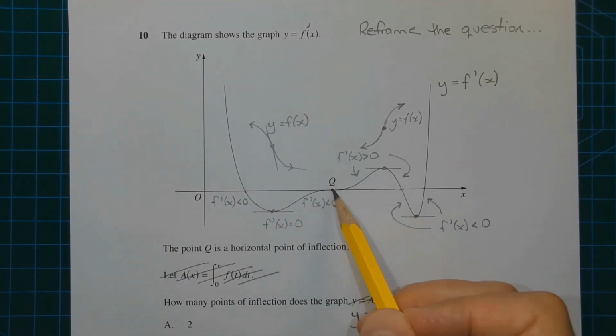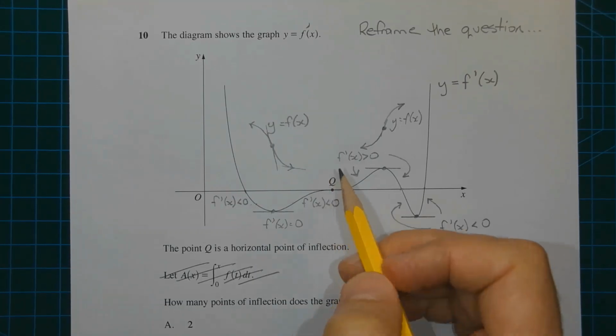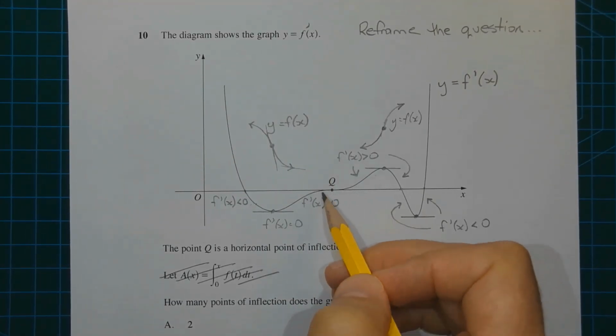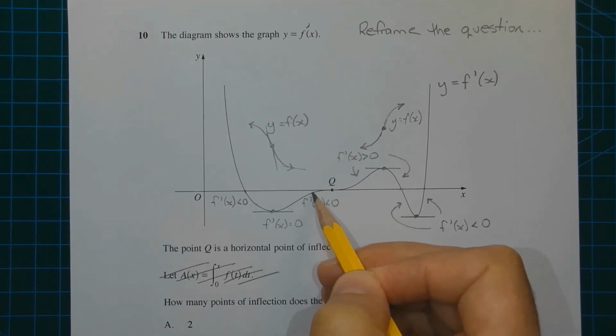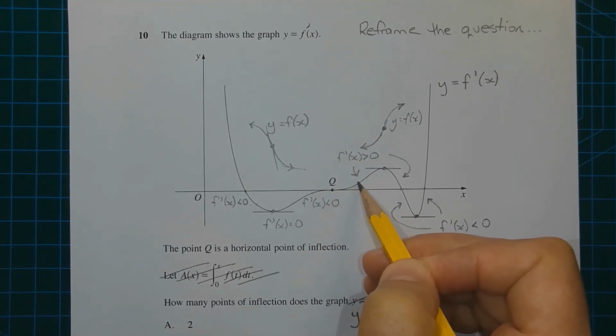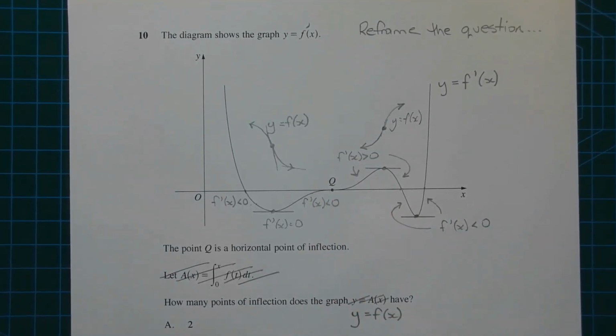Now point Q is a bit of a distractor. If we look at point Q, the y value to the left of point Q is negative, but the y value to the right of point Q is positive. So this can't be a point of inflection on the curve y equals f of x.